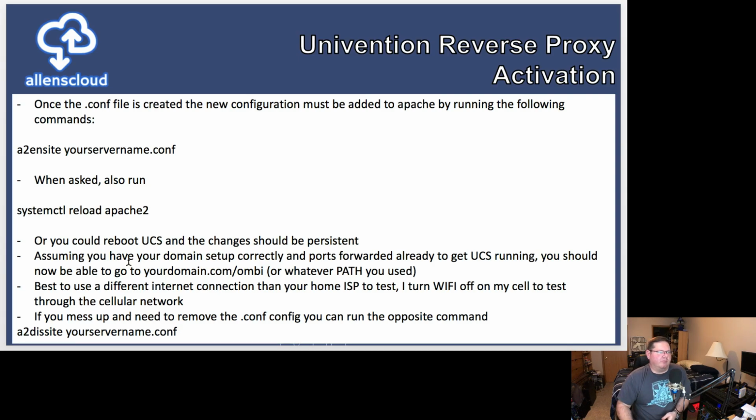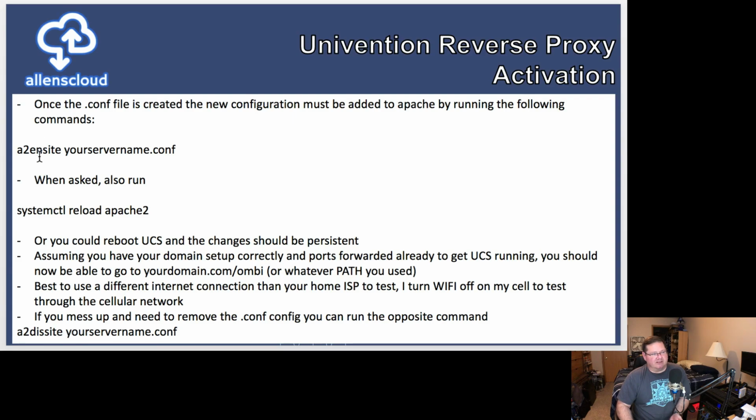And then I've put this down here at the bottom. If you mess it up, if you get a spacing wrong, or you put the wrong base URL in there, or whatever the case may be, you can run the command that is the opposite of a2ensite. It's a2dissite.